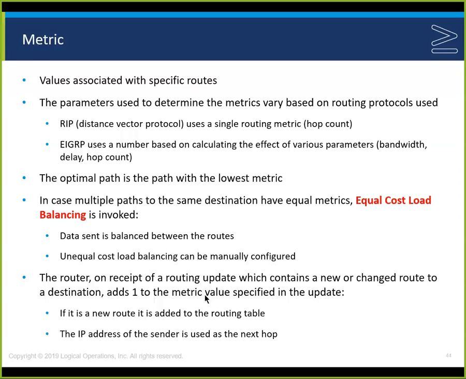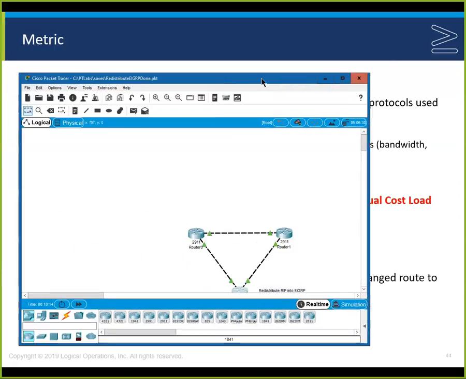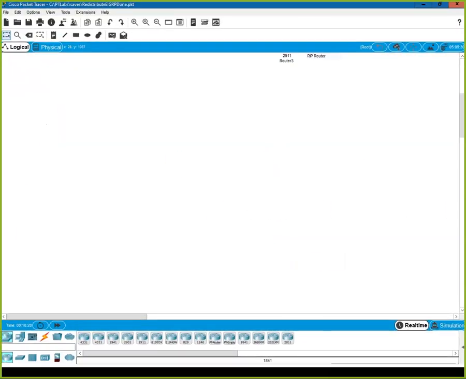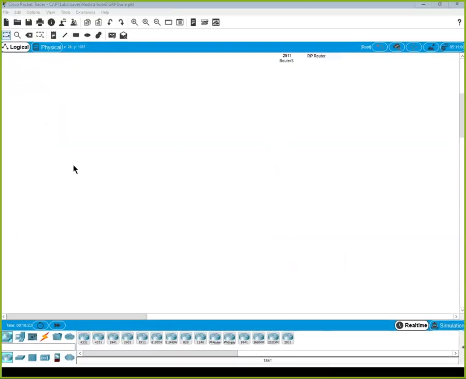On receipt of a routing update that contains a new or a changed route to the destination, it adds 1 to the metric value specified in the update. This would be RIP. That would do it that way. If I have, let me just drag this over here so that I can. If we have RIP routers, some RIP, and we'll have them connected together, and then we'll have networks, and we'll only use really small networks. We'll say that we have network 1 here.